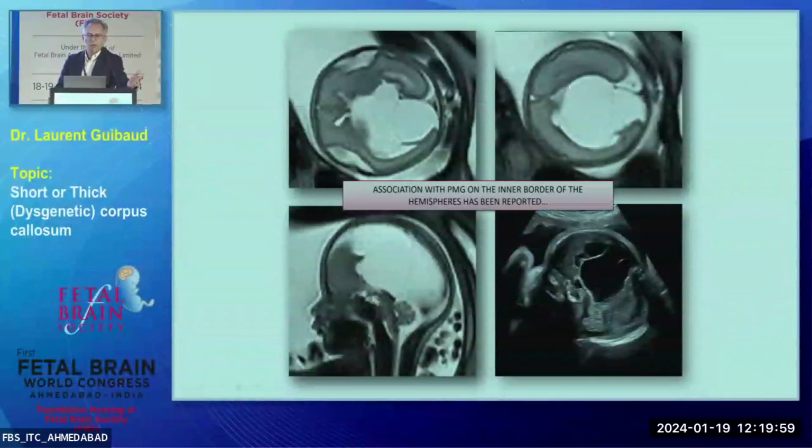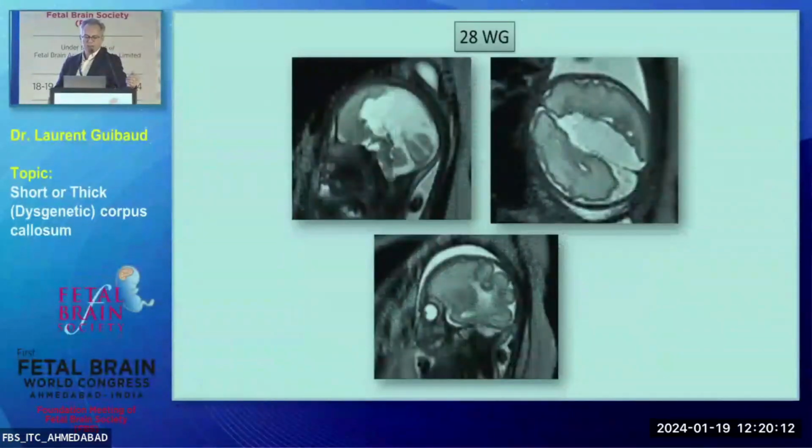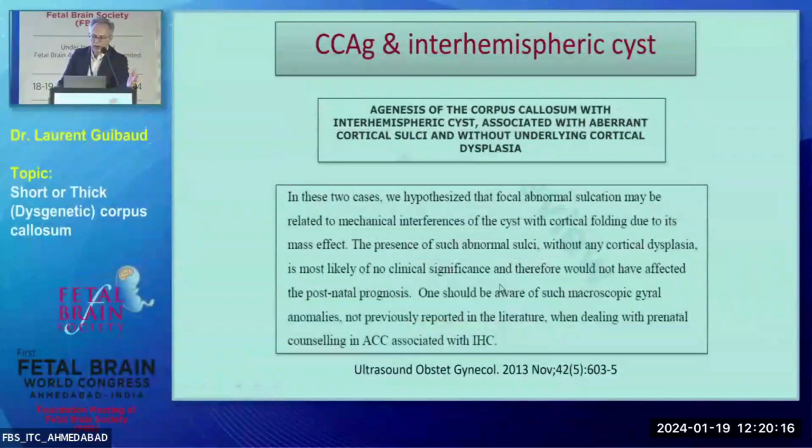This type of huge cyst can be associated with polymicrogyria, but you should be aware that in some cases you may have some aberrant sulci like this one, but this is not polymicrogyria. The cortex is absolutely normal here. It's, in fact, a mechanical traction on the surface of the cortex, which leads to a mechanical deformation of the cortex without underlying cortical dysplasia.